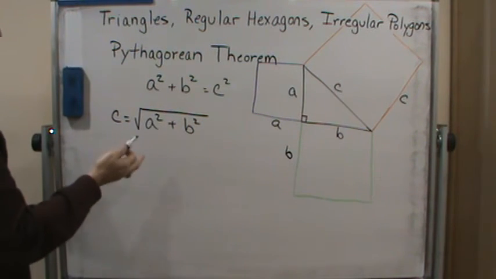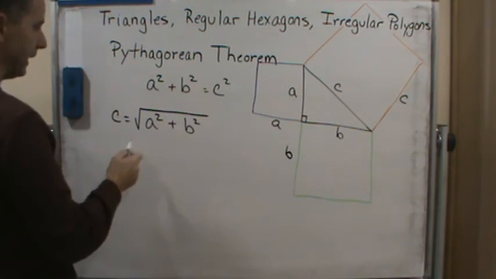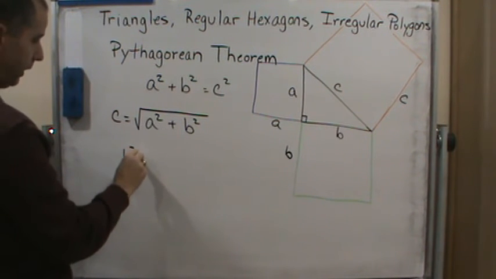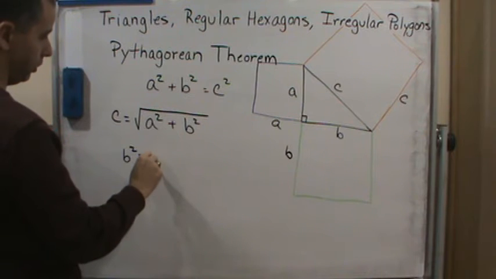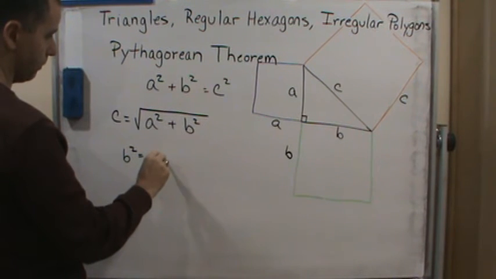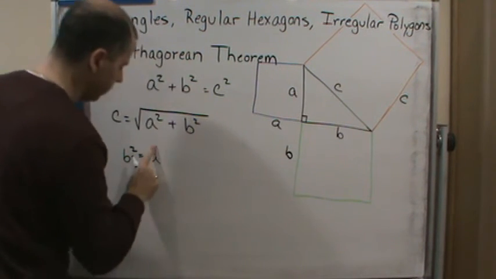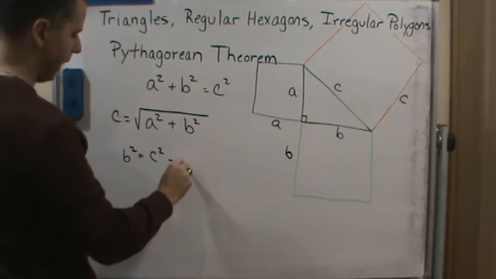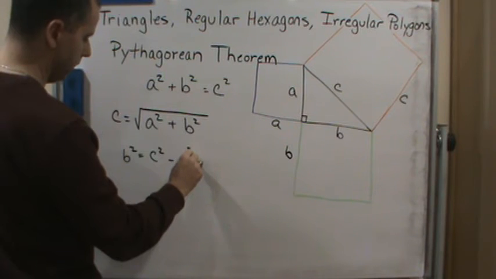But also, equivalently, we could solve this for B squared, right? So we could say that B squared is equal to C squared minus A squared.